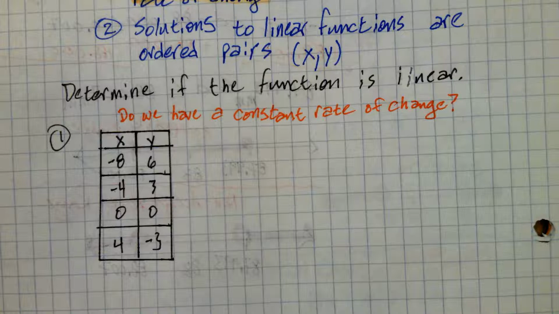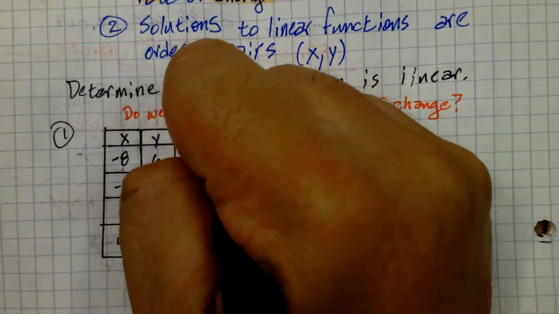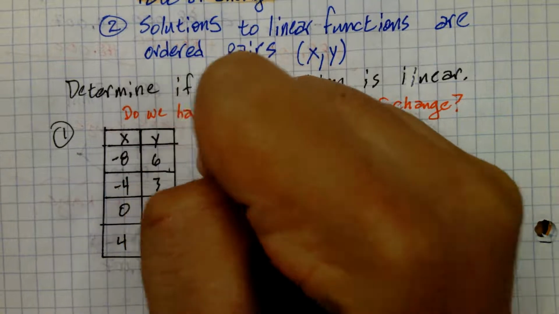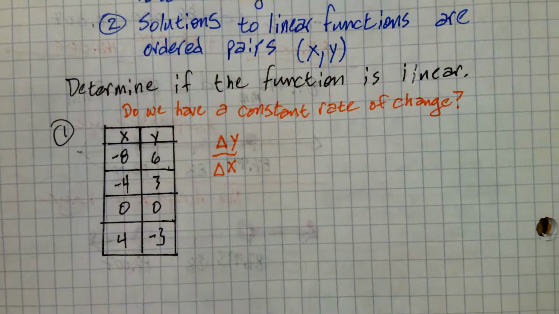Are we adding, subtracting, multiplying, dividing? Basically, we want to determine the change in the y values over the change in the x values. You remember that little triangle means difference or change?